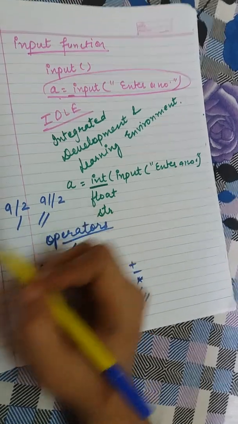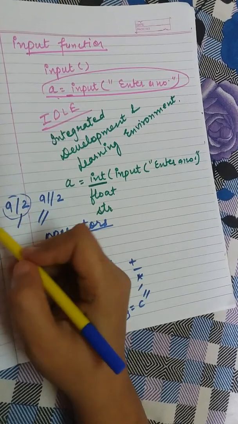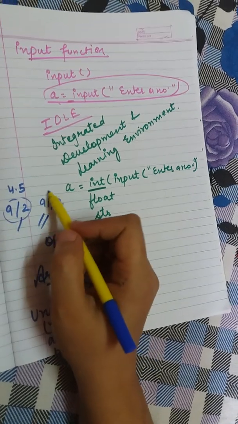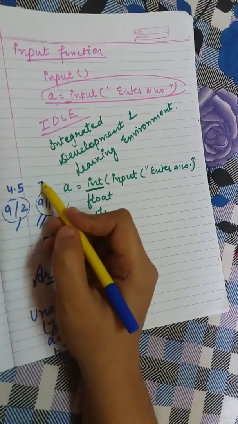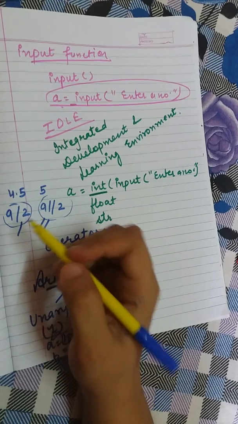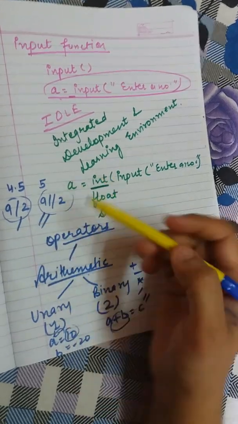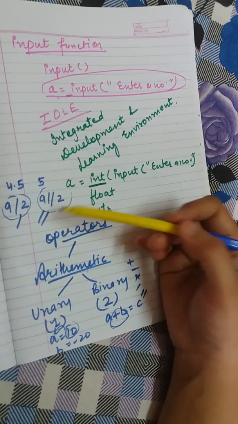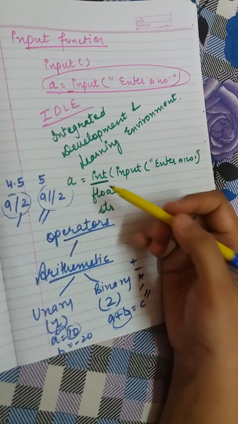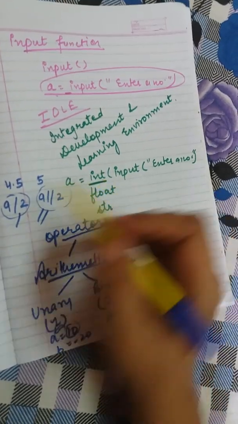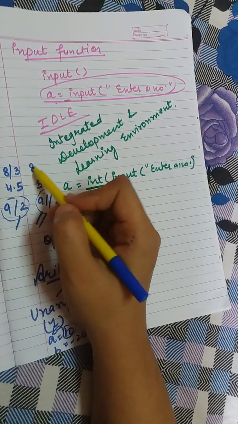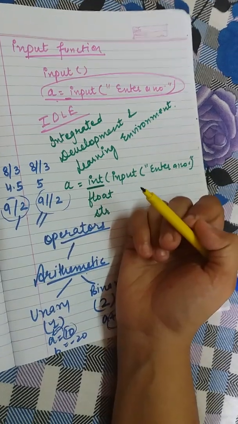When I am dividing it like this, I will get the output 4.5. But when I am dividing it as a floor division, I will get the answer as 5. So in floor division we are going to round off the number to the nearest complete integer.